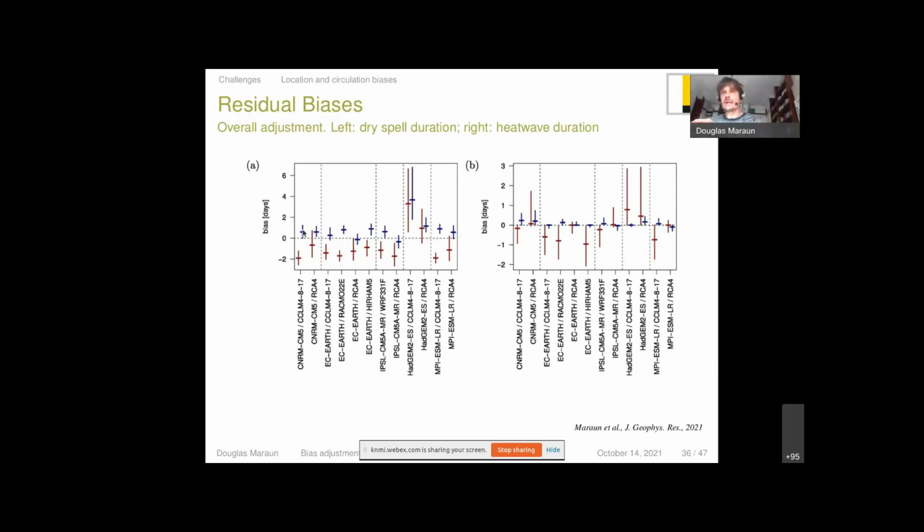This is for Austria. And here on the right-hand side, we see heat waves. And you see for the heat waves, basically, all the problems are gone, but not for the dry spells. Usually it gets better. In this case, it doesn't get better; it gets even worse. And this is linked to the fact that the dry spells are really defined very strongly by weather pattern persistence. And if that's wrong, then you can't do anything about it. You can adjust the dry day frequency or the wet day frequency, but otherwise you don't get things much better.